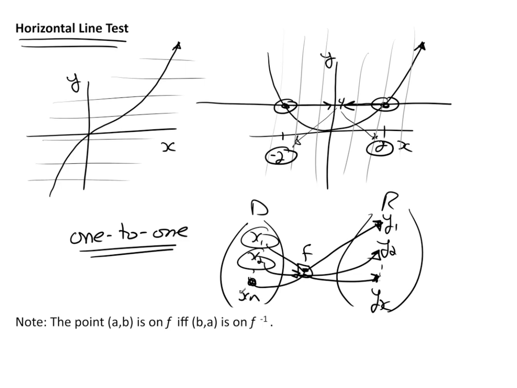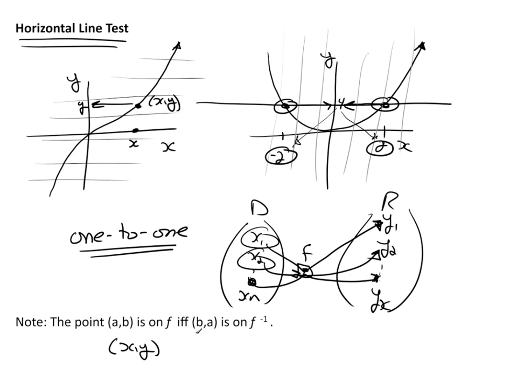Now, a point of confusion, something we've got to be careful of, is if the point (a, b), in other words (x, y), is on f. So here's an x, here's a y. So this point (x, y) is on my function f. Then the inverse is going to have the point (b, a). So when I'm dealing with the range of my original function, that range becomes the domain of the inverse function.